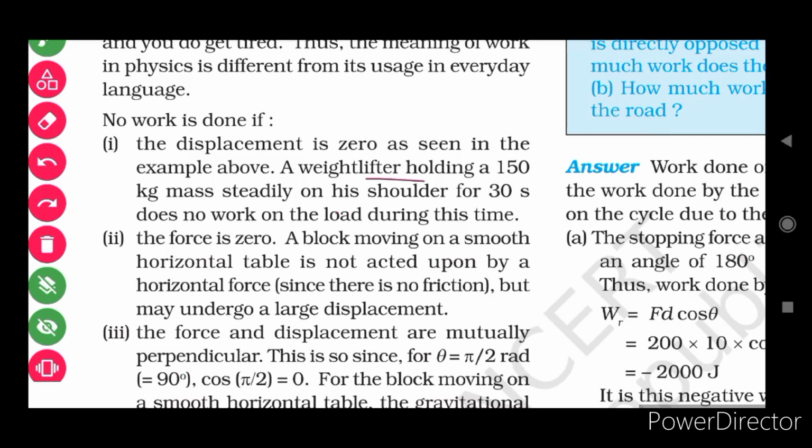Even though he feels the force of the weight of the mass and will get tired, because there is no displacement, in physics language we say he is not doing any work. So this is the first case: displacement 0.